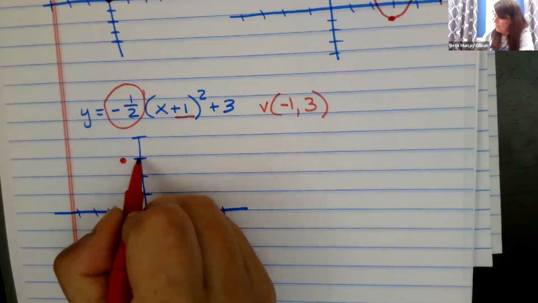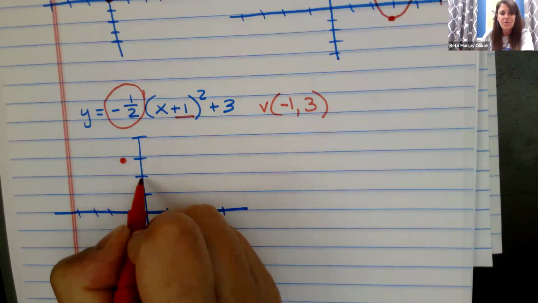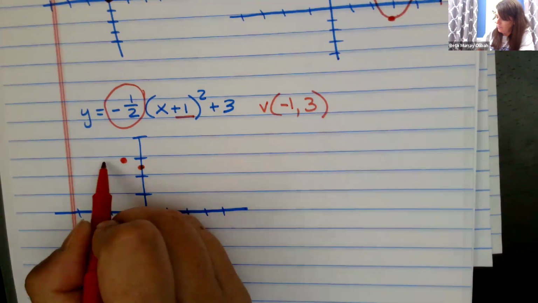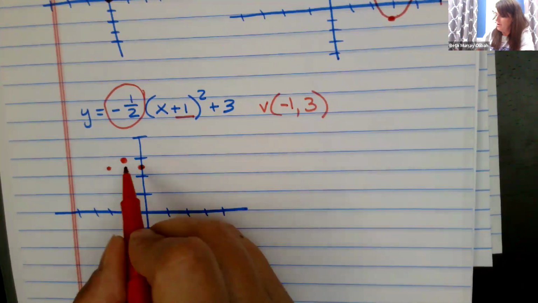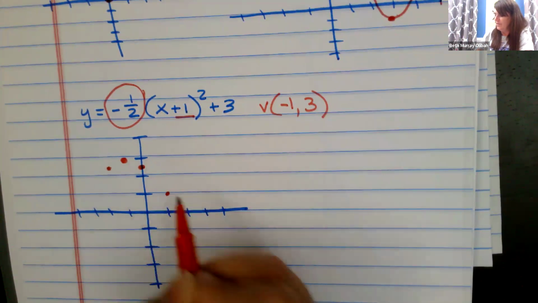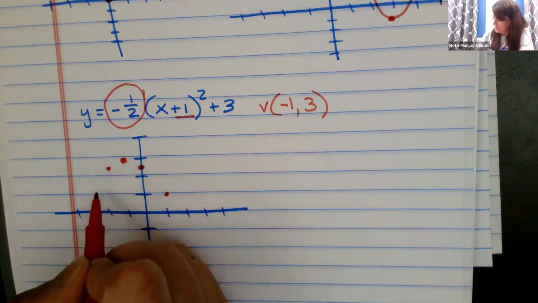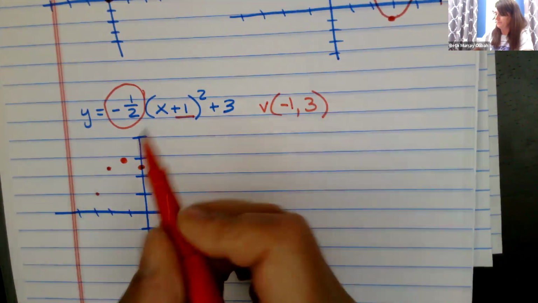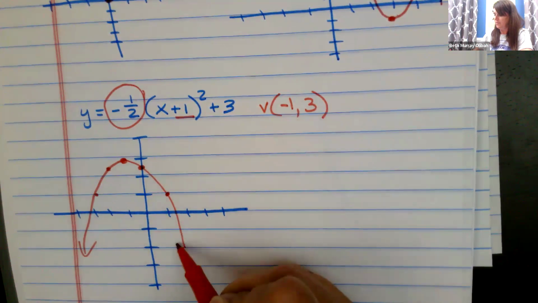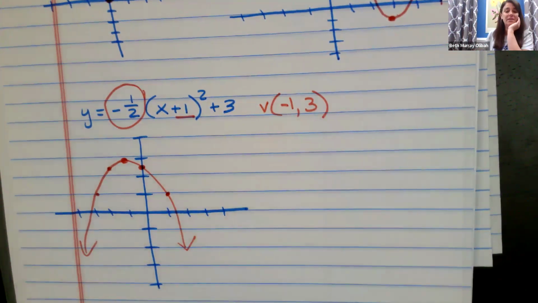So I'm going to still go over 1, but instead of down 1, I'm going to go over 1, down half, over 1, down half, over 2, down 2, because I normally do 4. And so what's half of 4? 2. So this one is going down because of the negative, and it's wider because of that 1/2.